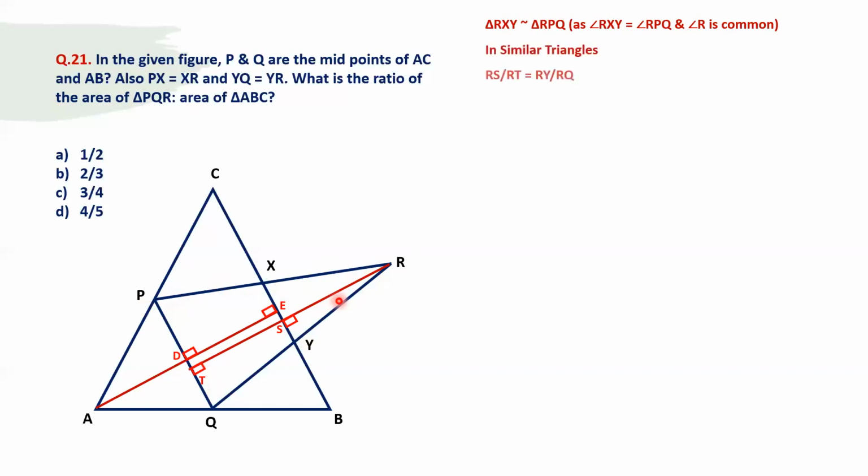Now in similar triangles, the ratio of corresponding sides is equal to the ratio of altitudes also. So here it is RS by RT. So the ratio of altitudes is equal to RY divided by RQ, the ratio of the corresponding sides, right? Now RS by RT is equal to RY by, instead of RQ, I can write 2RY.